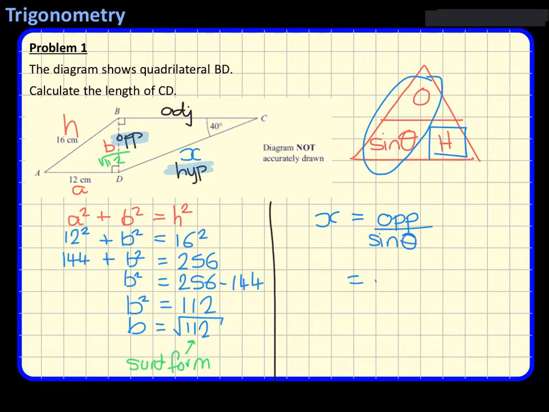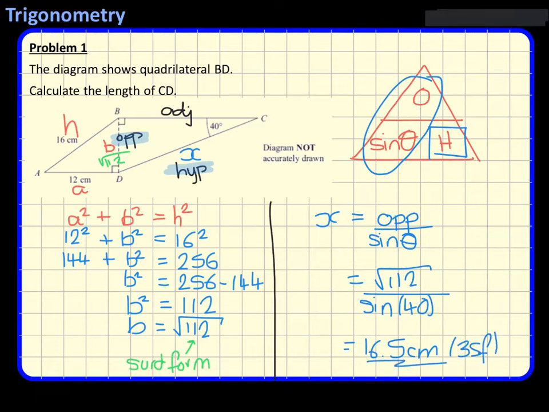The opposite is the square root of 112 over sine, and the angle is 40. Then we'll grab the calculator. And that comes out as 16.5. The units are centimetres, and we've rounded to 3 significant figures.